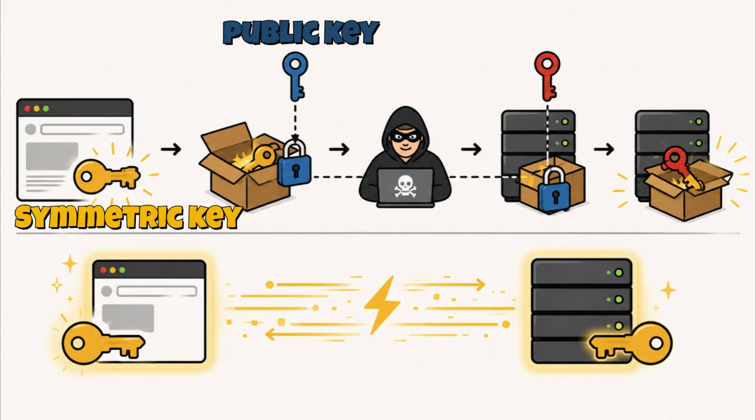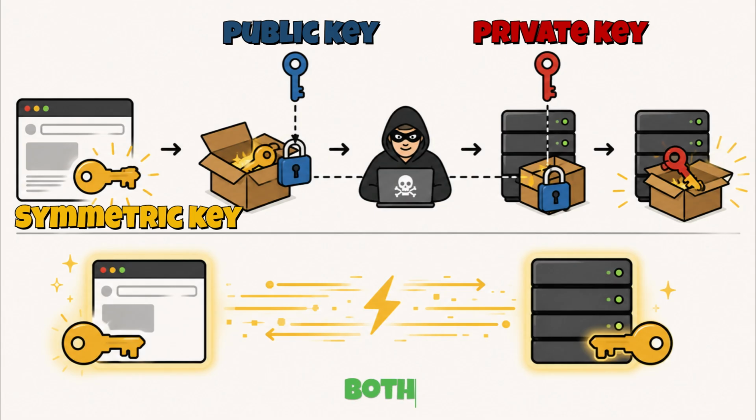It puts the symmetric key into the box, snaps the server's asymmetric padlock shut, and sends it over the internet. Now, can you guess who has the private key for that particular padlock? Obviously, the server. The server receives it and uses its private key to open the box. And no one else can do it, because only the server has the private key for that particular padlock.